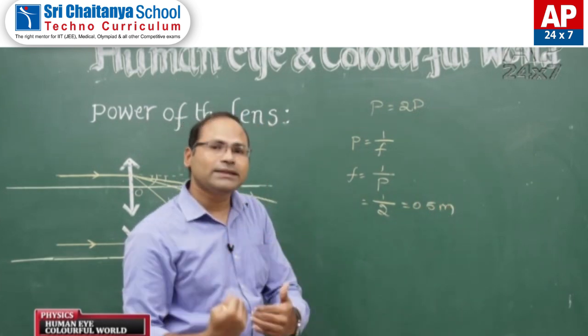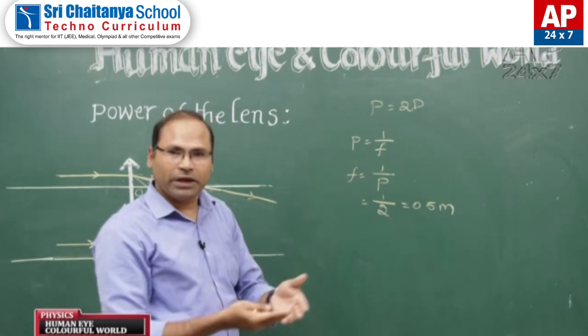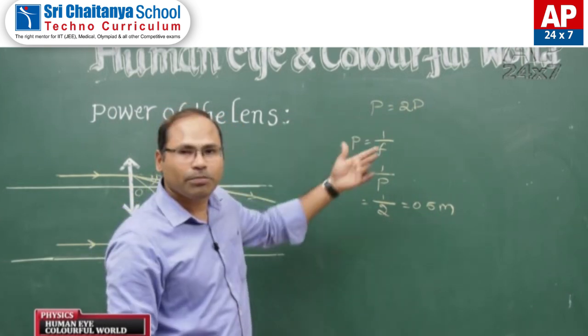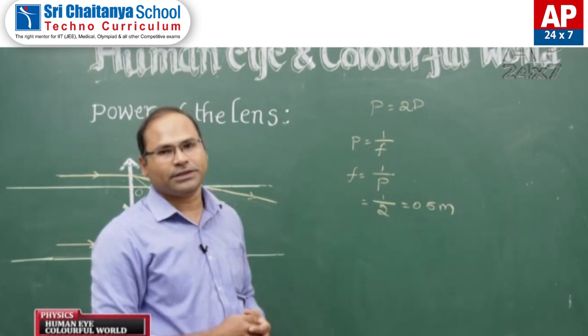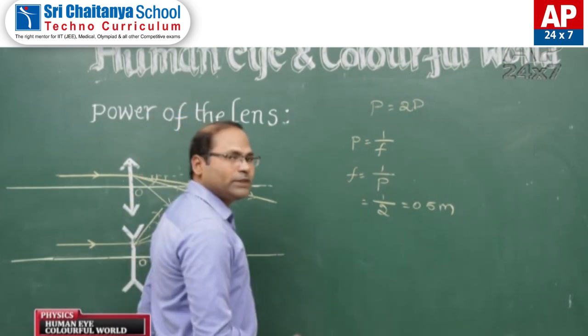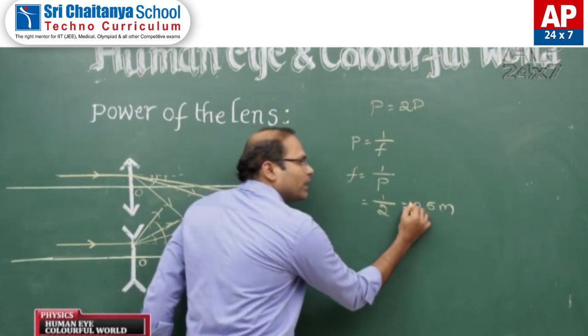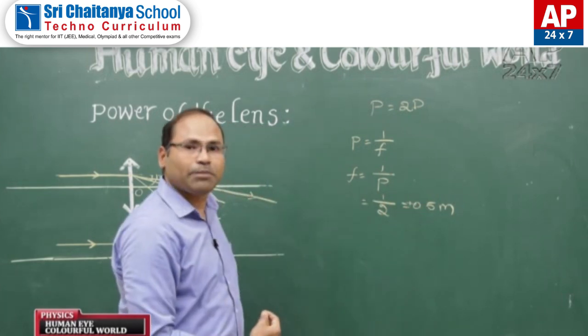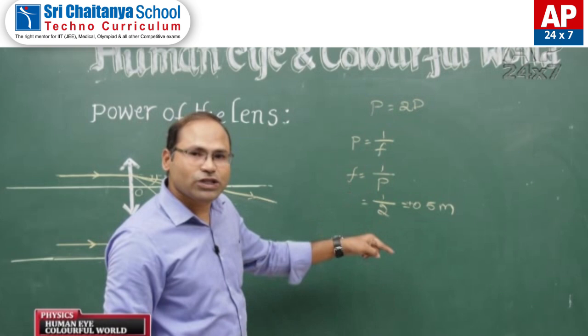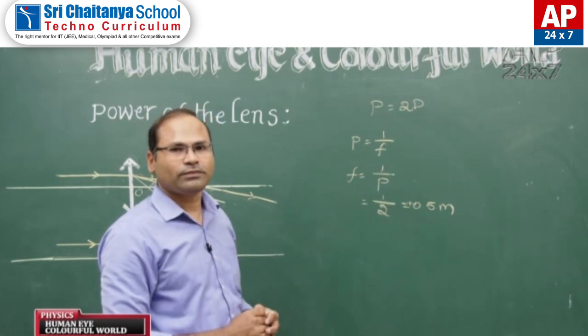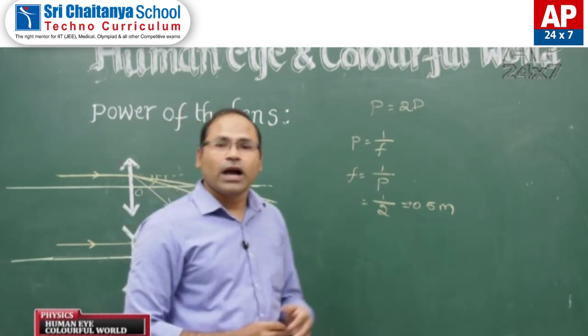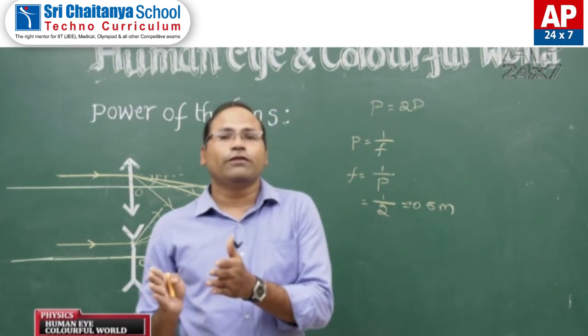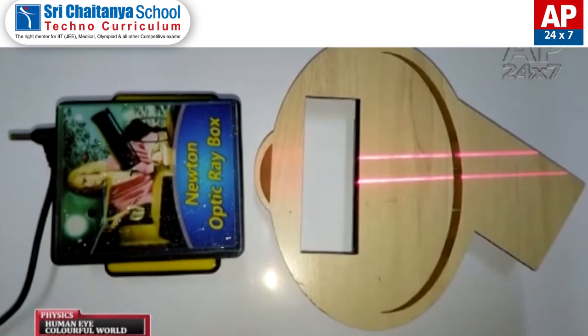If you want the focal length in centimeters, then you can use the formula 100 by P, there you will get 50 centimeters. Here, as the focal length you got is positive, that means the lens nature is convex. And you also know that a convex lens is used for the defect of hypermetropia.